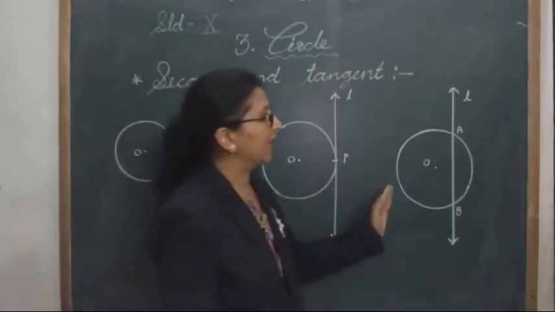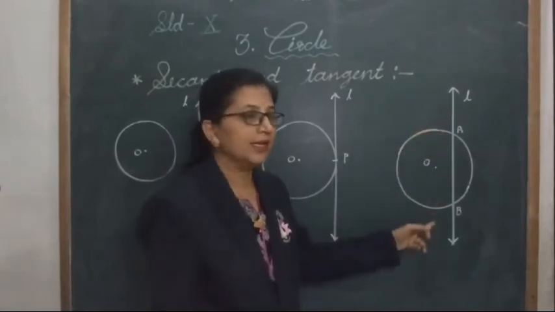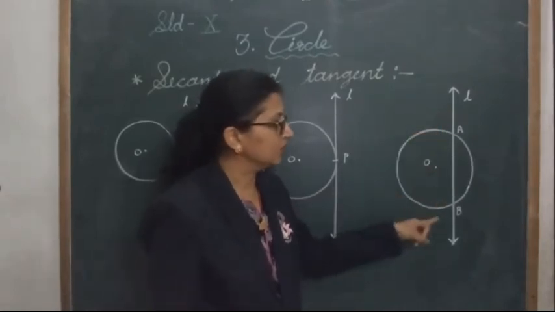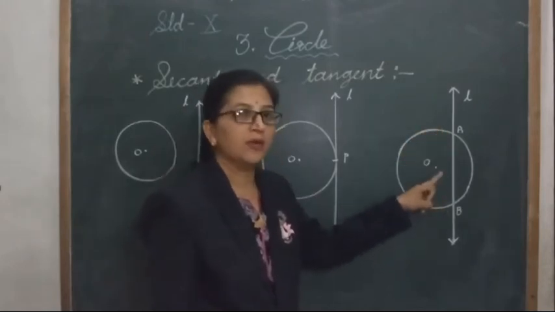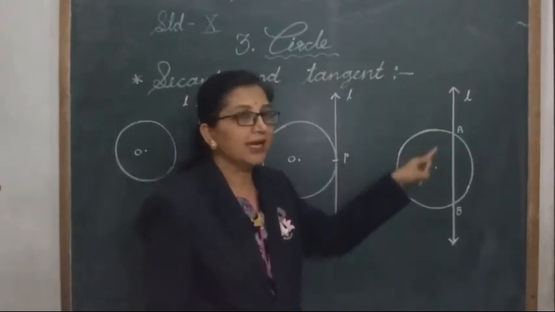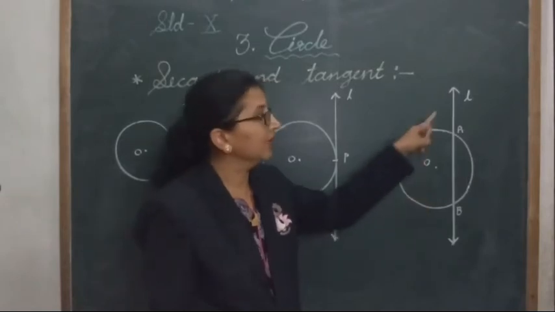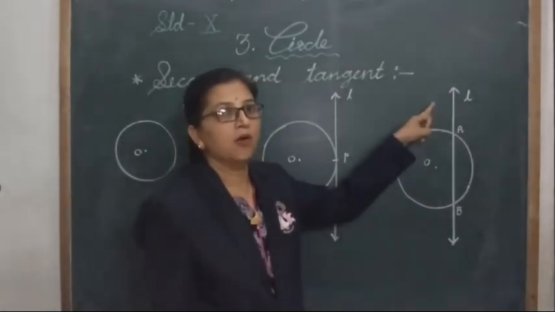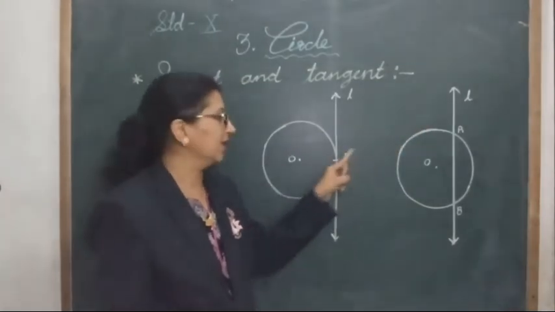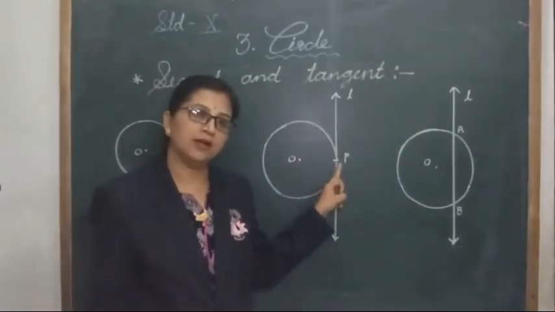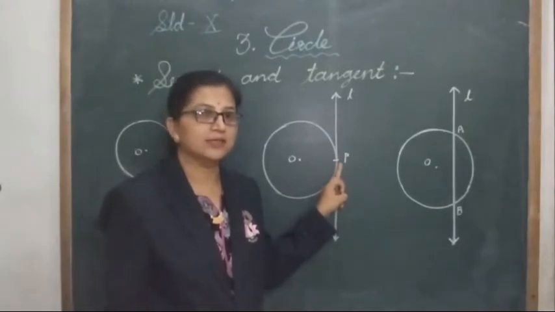Now again bring this line closer to the center. Here you can see that this line L is now intersecting the circle at 2 points, point A and B. In this case the line L doesn't remain a tangent, because according to the definition of a tangent, a line touching the circle in one and only one point is called a tangent.